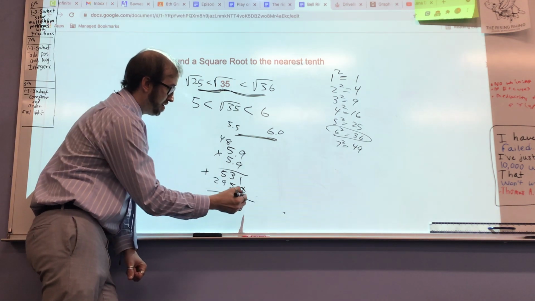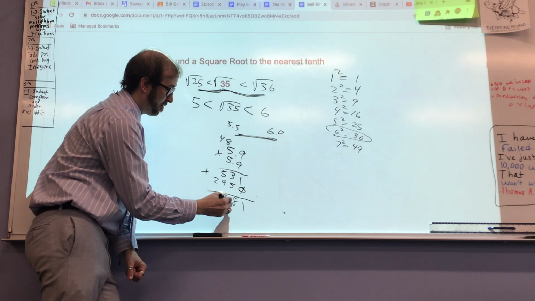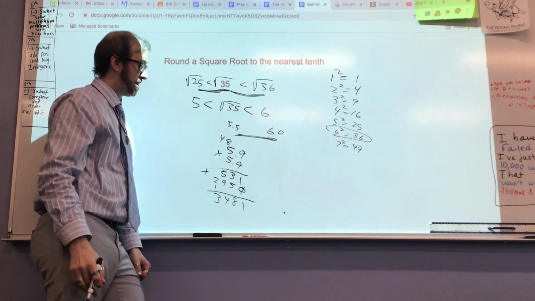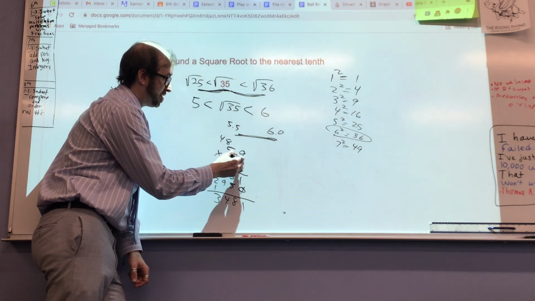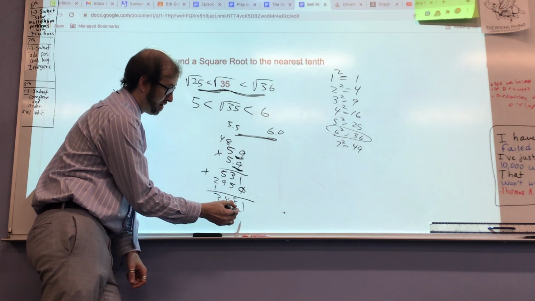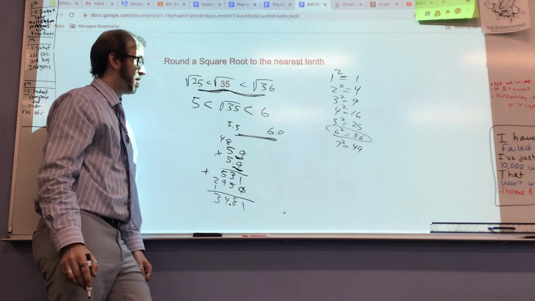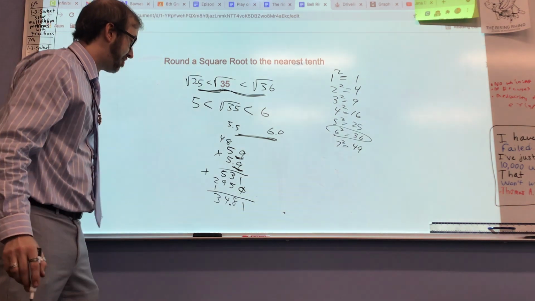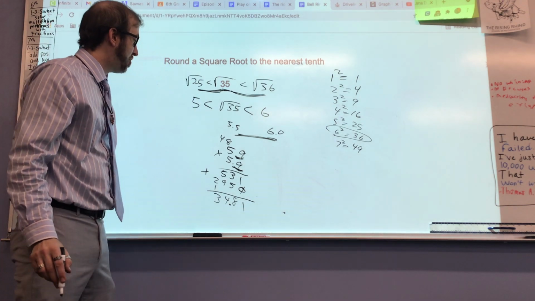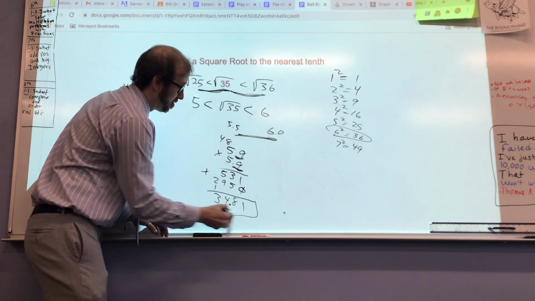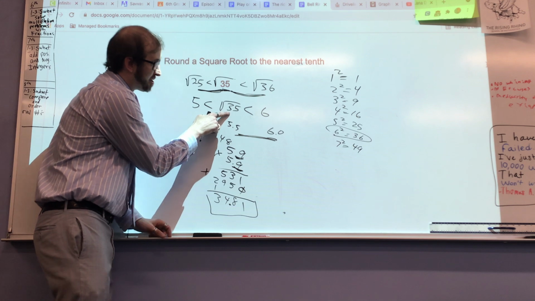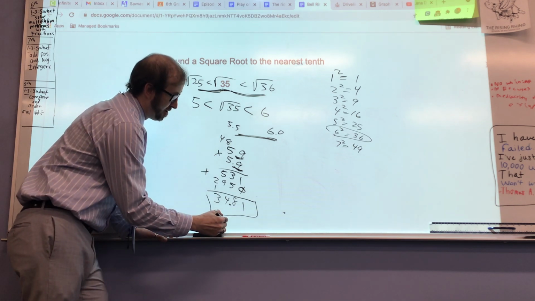Add down. 1, 8, 14, 34. So 3, 4, 8, 1. Two decimal places. We can't forget that. Move it 1, 2. So 34.81. Now we have 34.81, which is just under the 35.